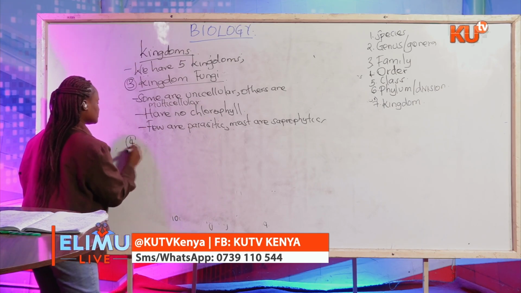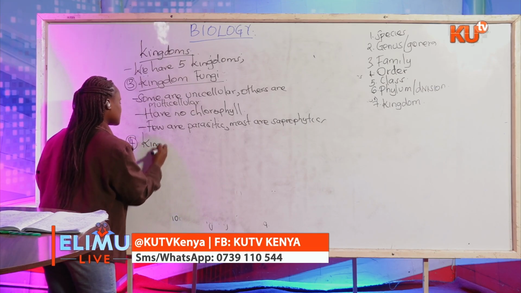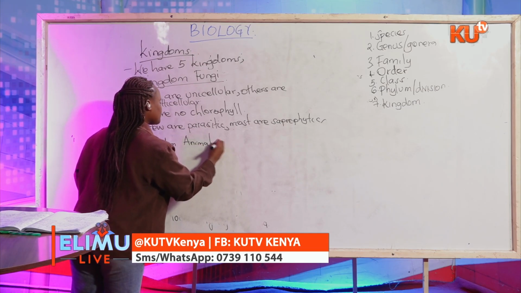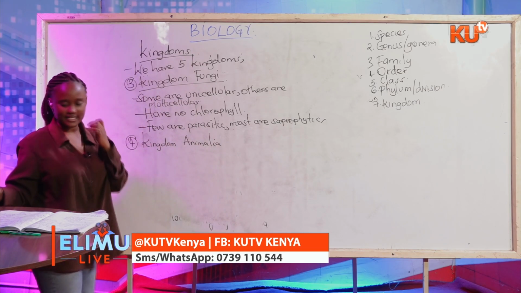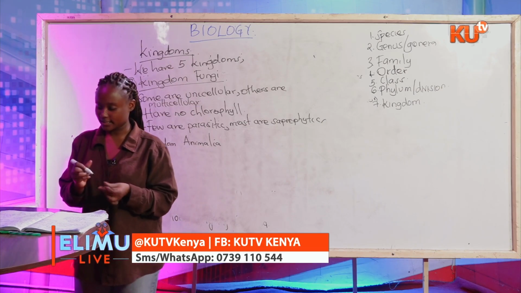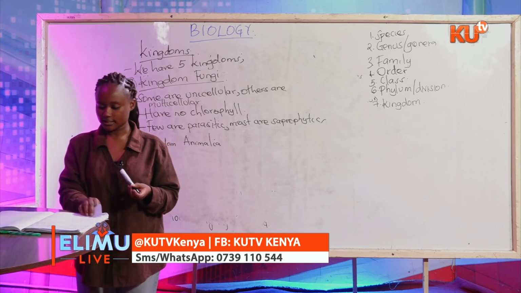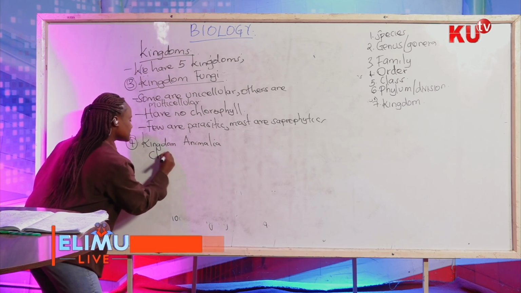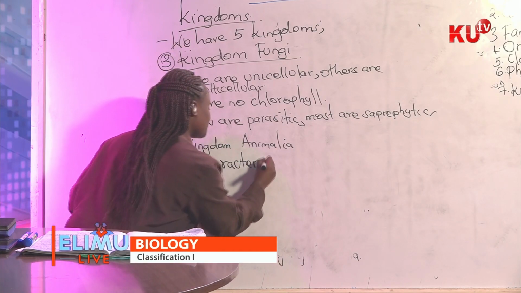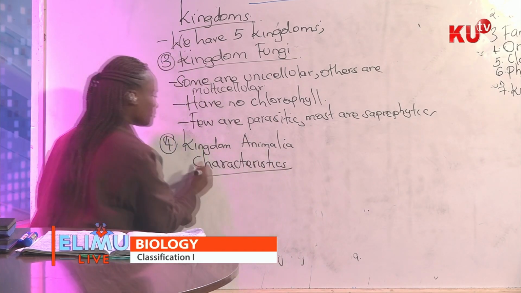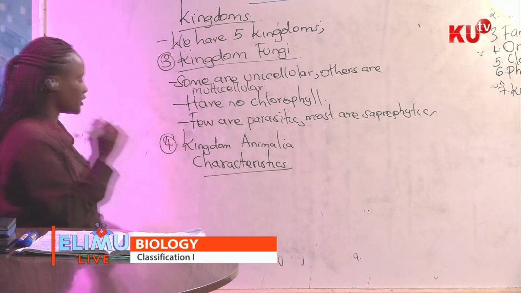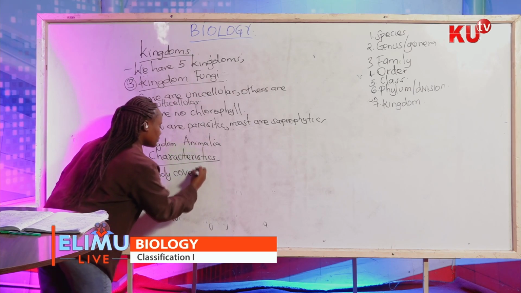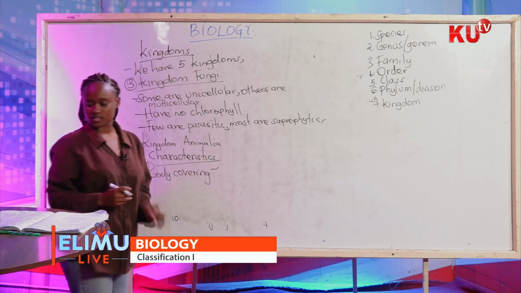Our fourth one, characteristics of kingdom Animalia and kingdom Plantae. In kingdom Animalia, we have to look at the body covering, which includes the skin.